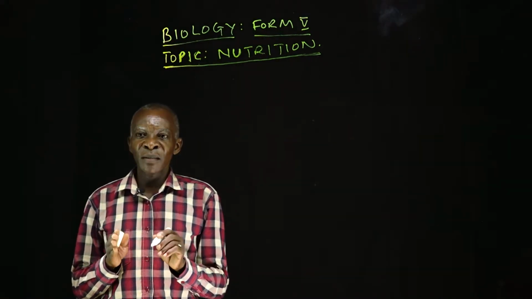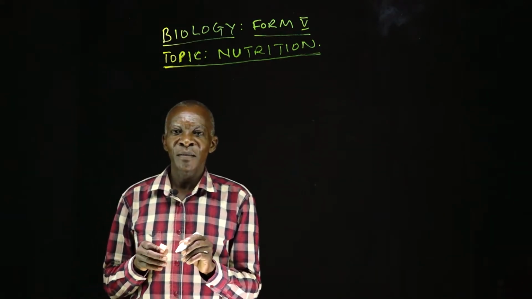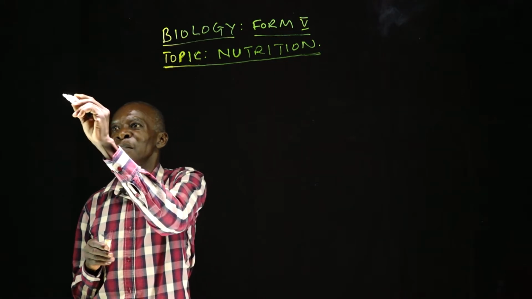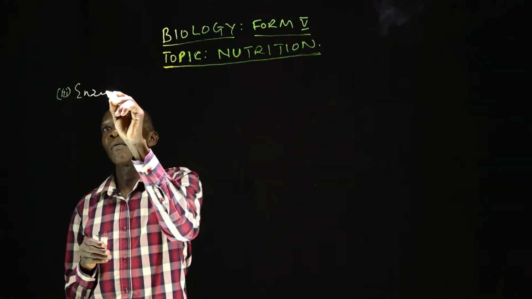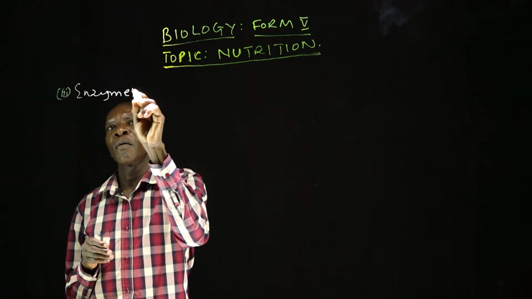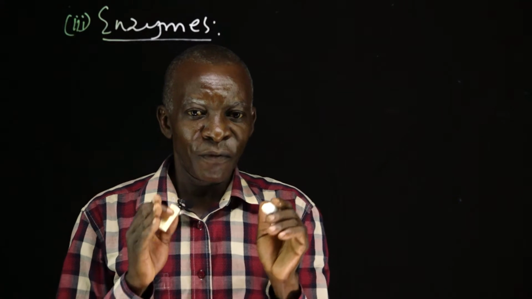So the third internal factor that affects the rate of photosynthesis, we have enzymes. Photosynthesis is controlled by 3 different enzymes.